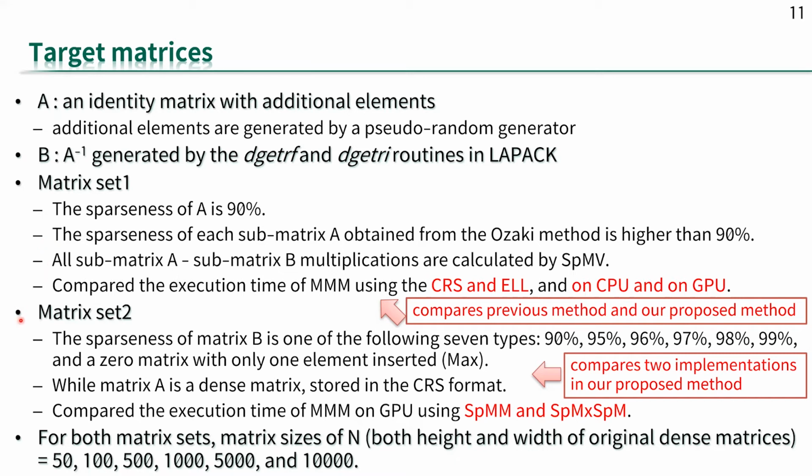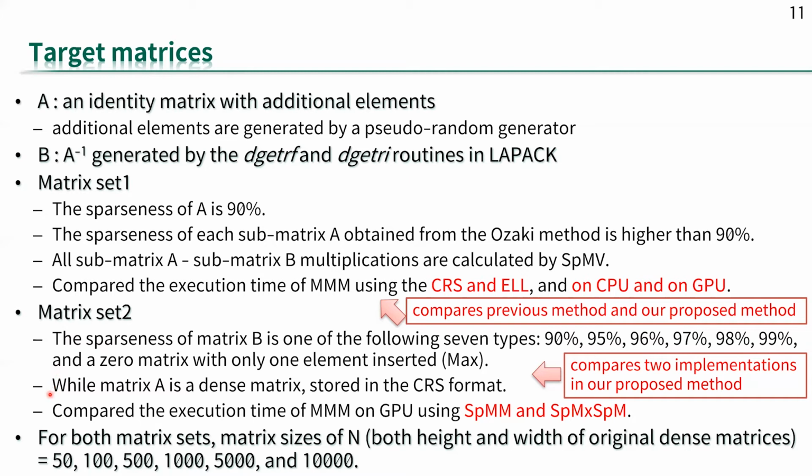In matrix set 2, the sparseness of matrix B is one of the following 7 types: 90%, 95%, 96%, 97%, 98%, 99%, and a zero matrix with only one element inserted.